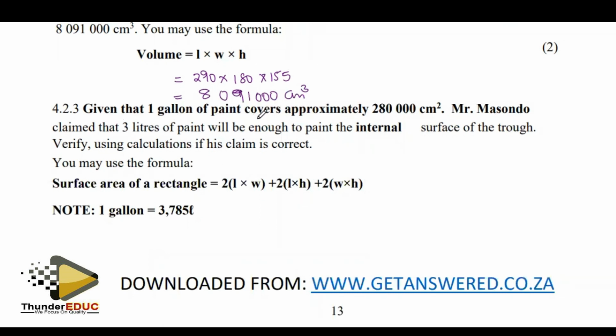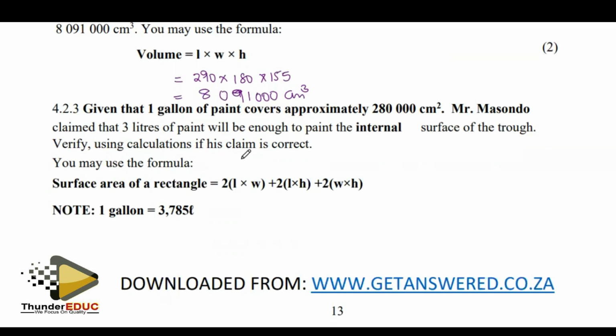Given that 1 gallon of paint covers approximately 280,000 centimeters squared, Mr. Nsondo claimed that 3 liters of paint will be enough to paint the internal surface area of the trough. Verify using calculations if his claim is correct. You may use the formula.